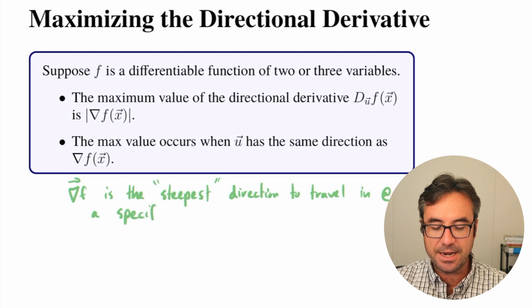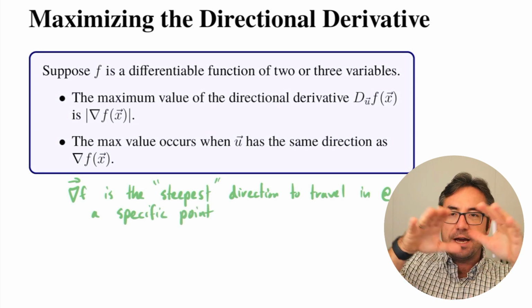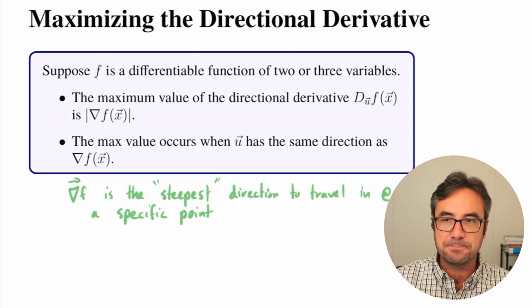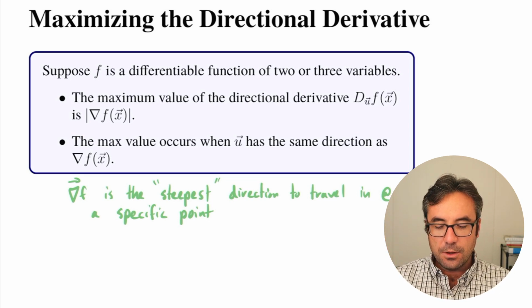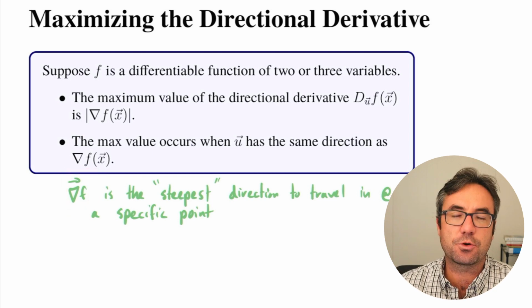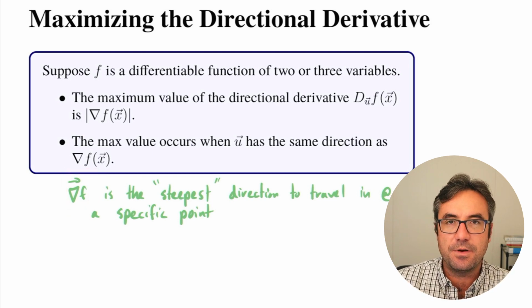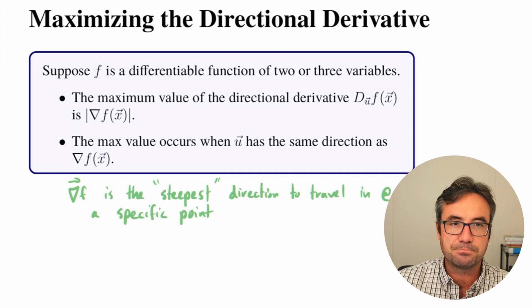So imagine standing on your surface and you have the full circle of directions to go in. Well, this specific direction, the gradient of our function, is the steepest direction you can travel in.